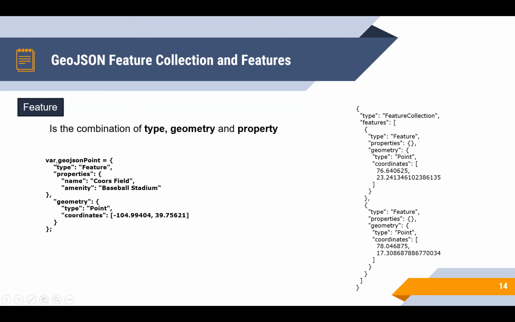The GeoJSON format is this: a Feature object where type is equal to Feature, then properties, whatever properties you have, and inside the geometry you will have one type. Type will be either Point, LineString or Polygon. After that we have the coordinates. For the line, the coordinates will be different; for the polygon, different; and for the point, different.